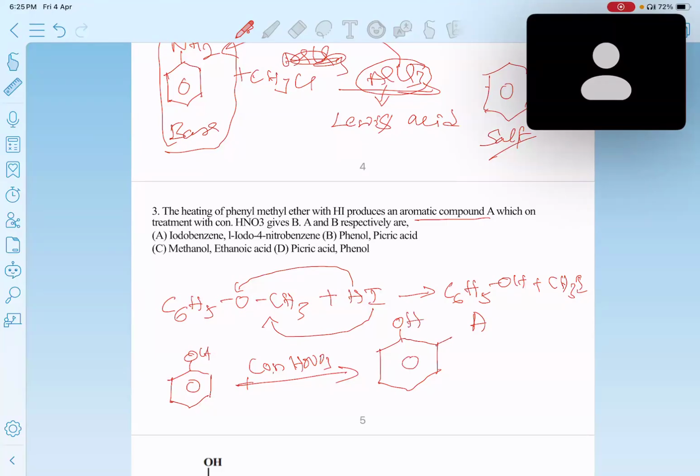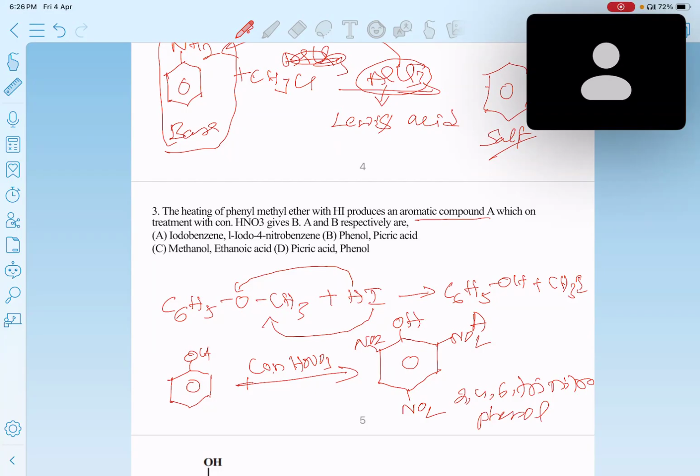So nitro groups are attached to both the ortho and para positions. The product is 2,4,6-trinitrophenol.